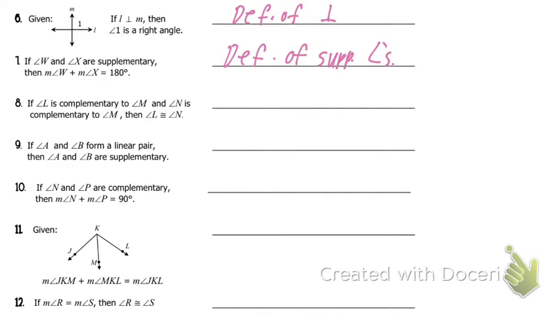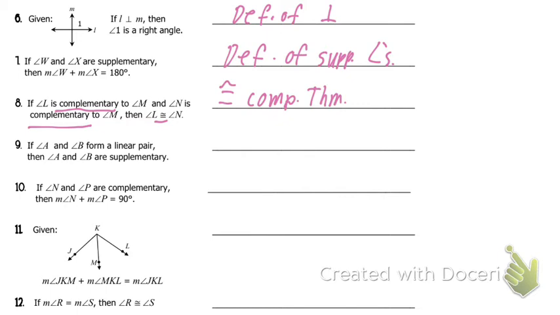Seth, what are you thinking? Congruent complements theorem. Yeah. What was a giveaway that helped you get to that point? It said complementary twice. So complementary twice means it's plural, so that's complements. And then we end up with them being congruent. So it's the congruent complements theorem.